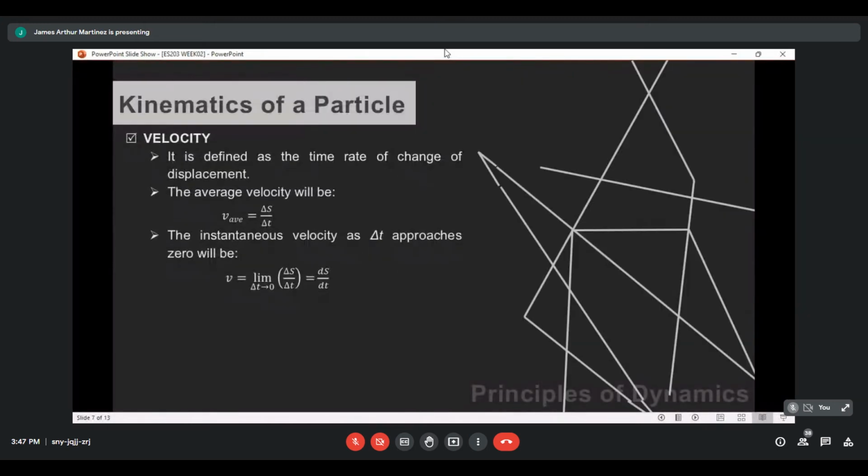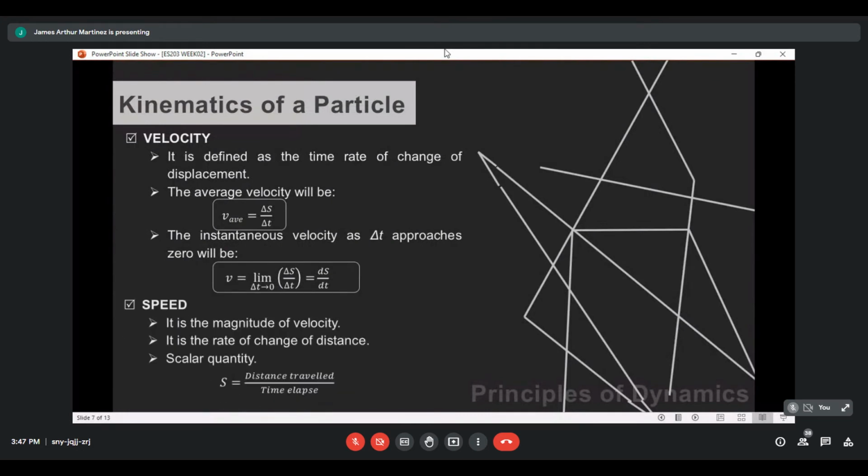So the next consideration in kinematics of a particle is the velocity. So velocity is defined as the time rate of change of displacement. So that is the basic definition of velocity. And the average velocity will be given as, excuse me, average velocity is equal to the change in displacement divided by the time interval.